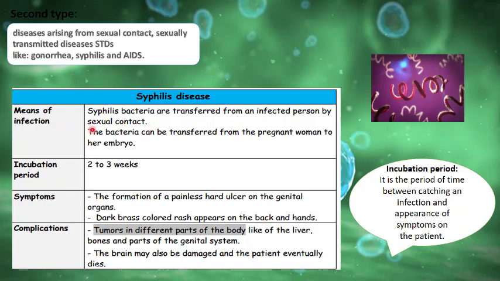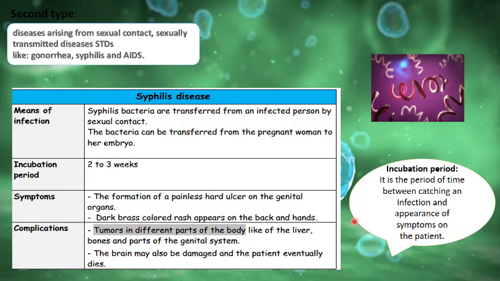So, syphilis disease, means of infection: syphilis bacteria are transferred from an infected person by sexual contact. The bacteria can be transferred from the pregnant woman to her embryo. Incubation period is from 2 to 3 weeks. Symptoms of this disease: the formation of a painless hard ulcer on the genital organs.